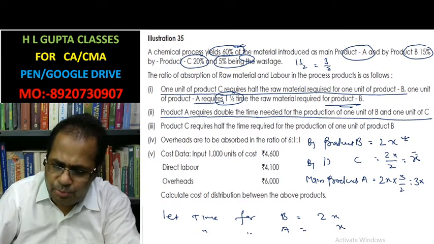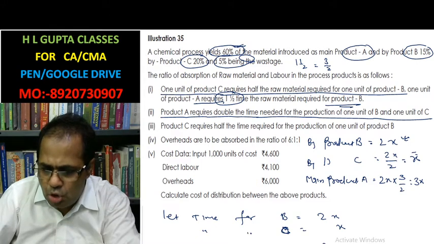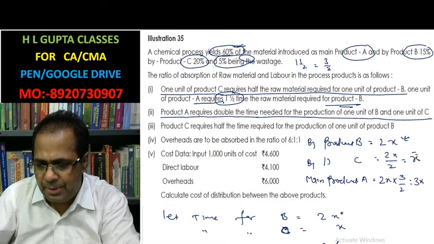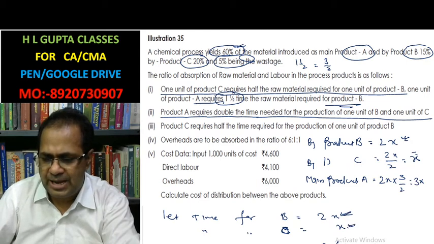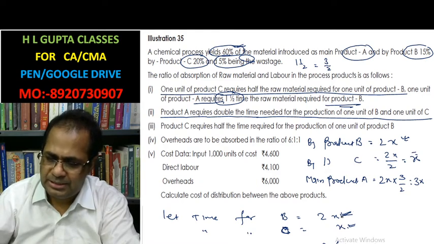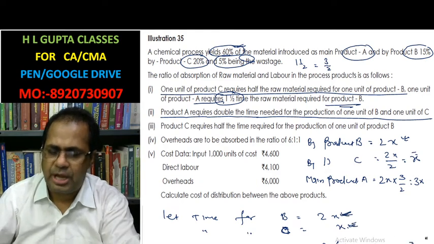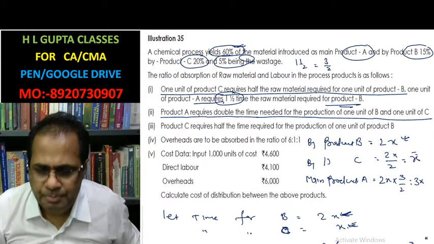The time for A is double the time taken by these two, so 2x plus x is 3x, doubled equals 6x. This ratio is the time it will take to produce the product.